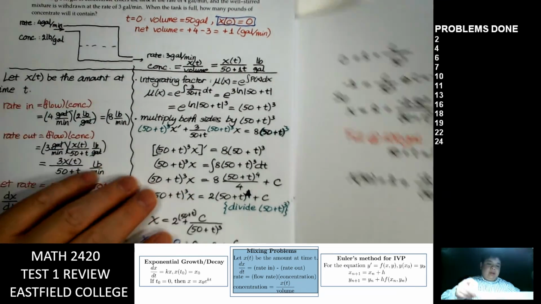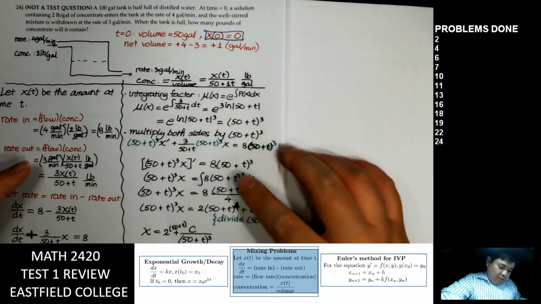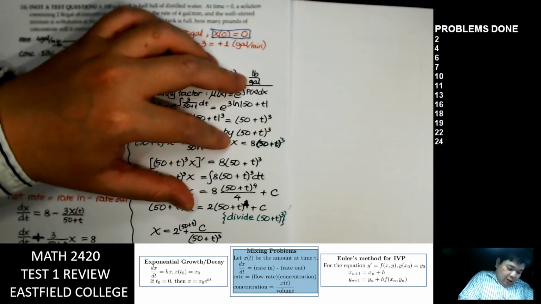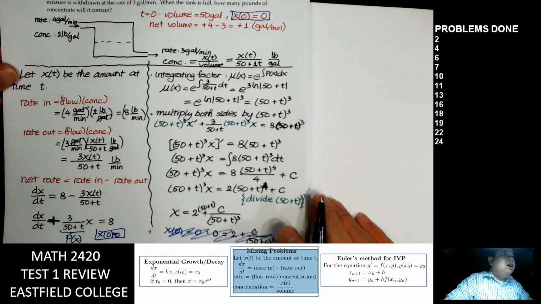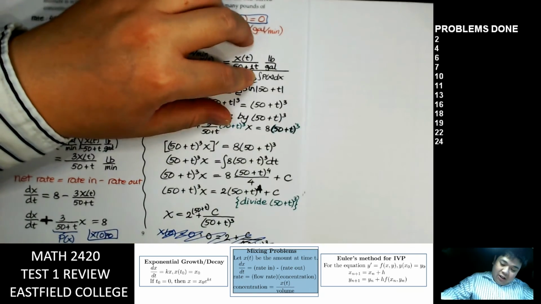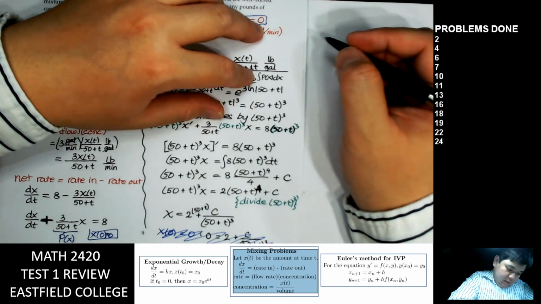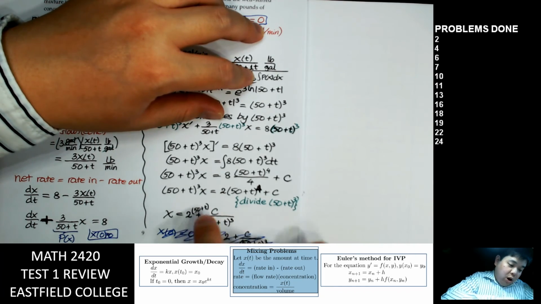So let's erase that. Right, sorry. It was t to the 4th and I forgot that. Right. Divide by (50 plus t) cubed, so there's still one of them.